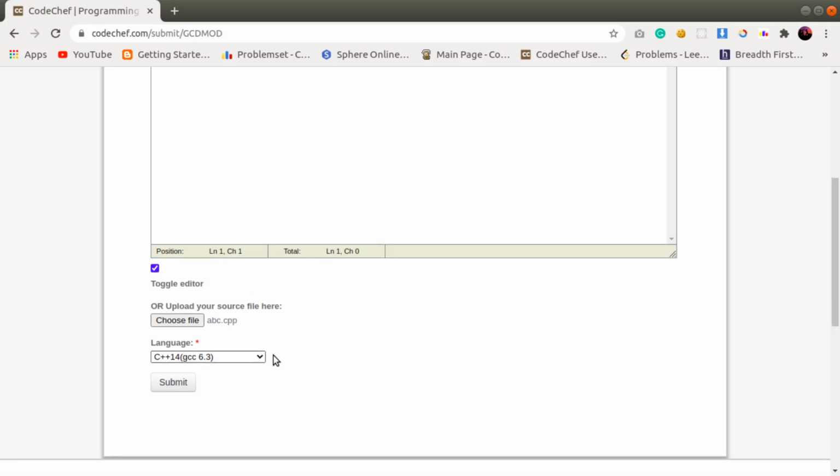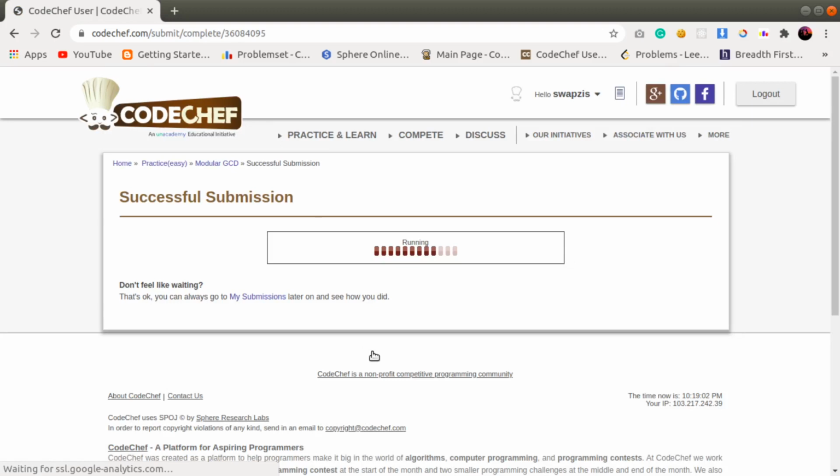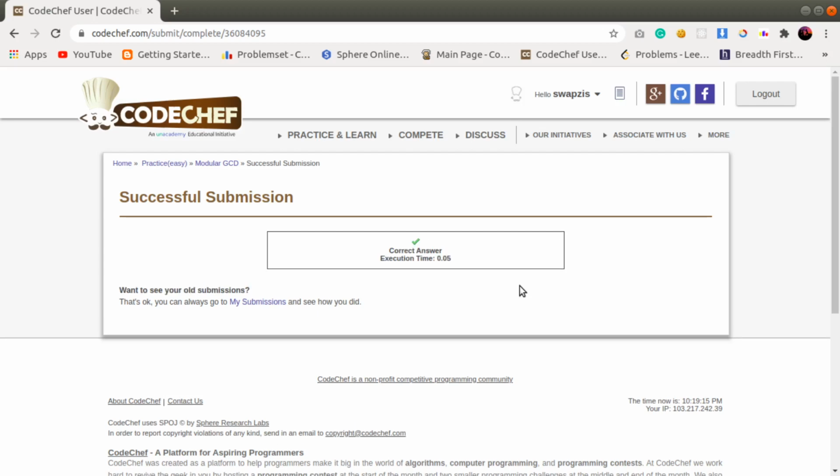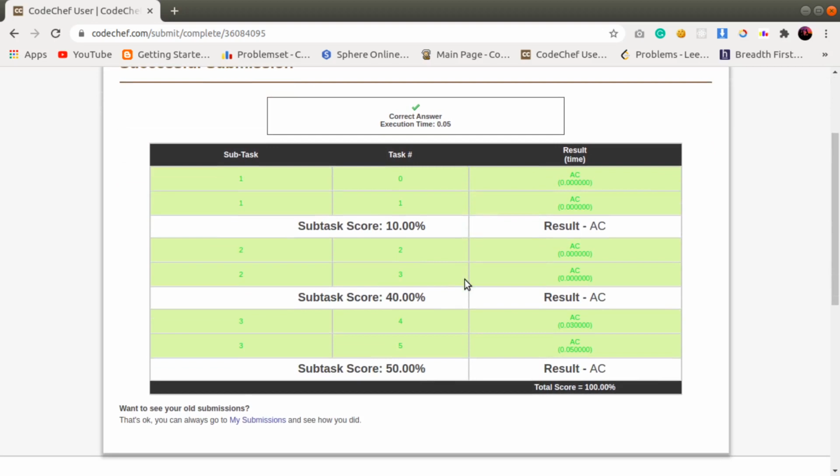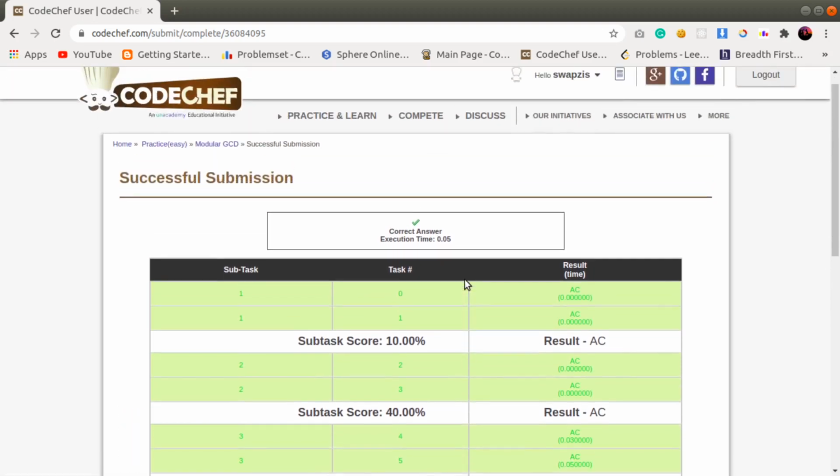Here we have chosen the file and submit. So CodeChef has a really wide variety of problems, and do check it out. And okay, we got a correct answer, and all the tasks and subtasks are correct.